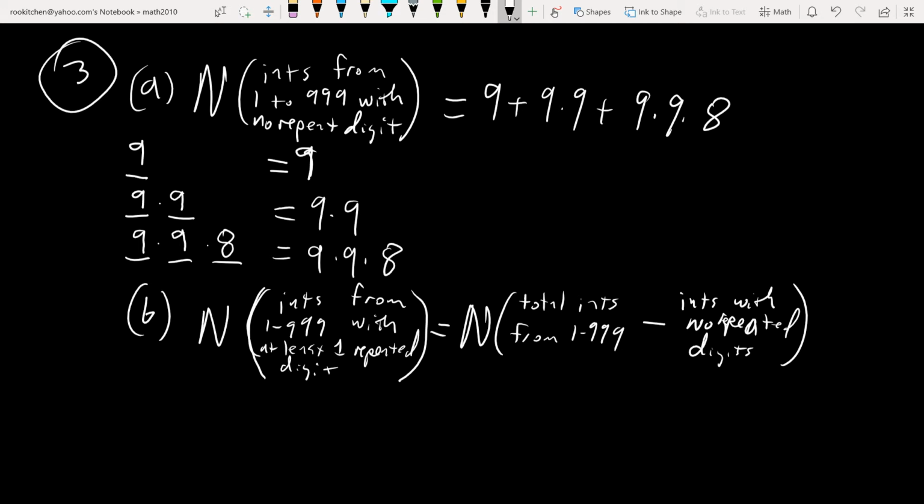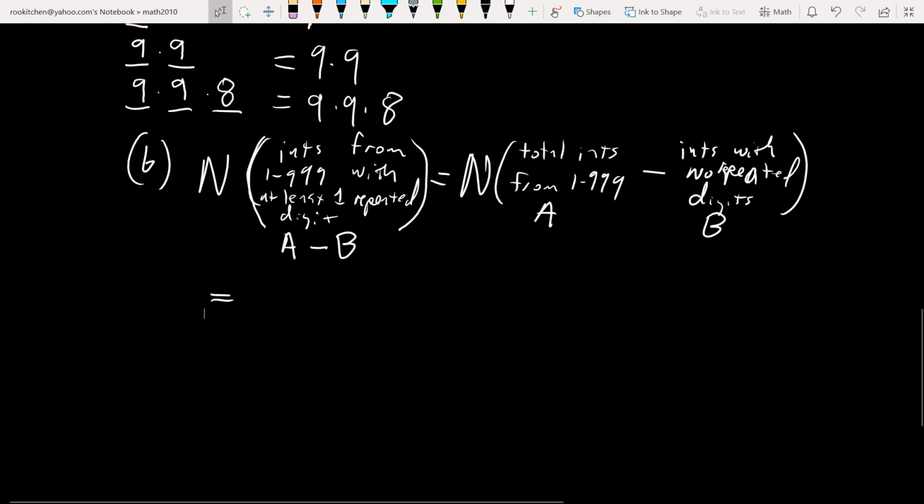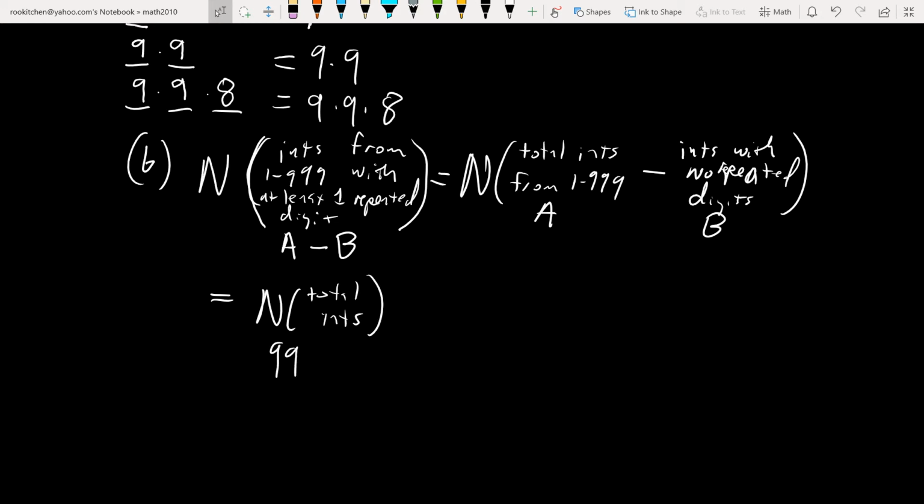We call this first thing set A, and this set B, and in that case, this original set that we're after would be A minus B. It's just the set of all numbers, and we know both of these values, right? The set of all integers from 1 to 999 is just 999 minus 1 plus 1, which is 999.